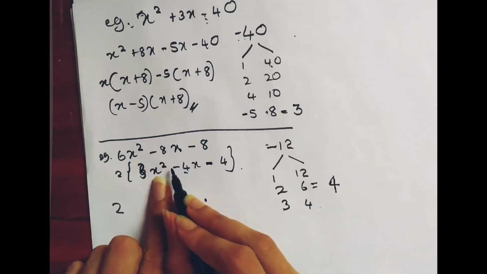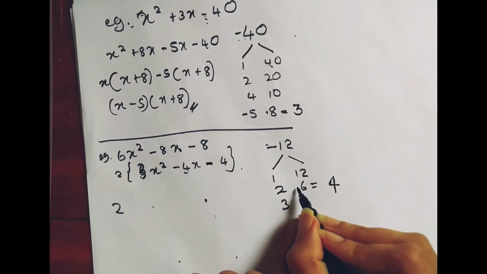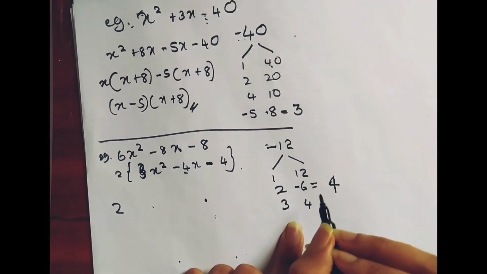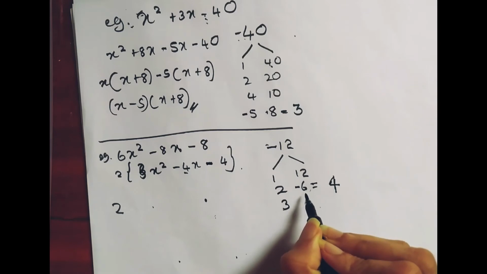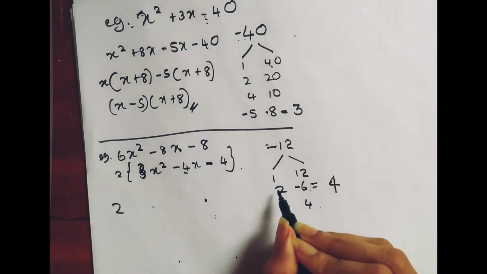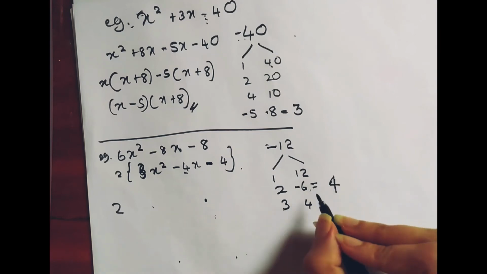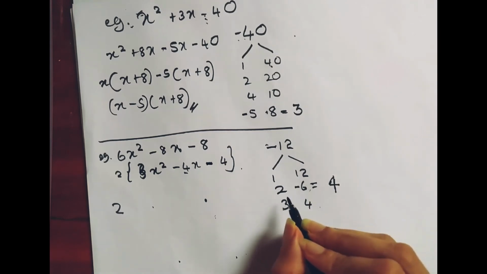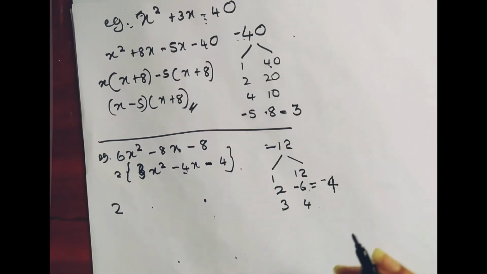Then if it is minus, the larger one should be the negative. Right? Because when the highest number is negative and you add it to a positive number, you must get a negative answer. So minus 6 plus 2 will give you minus 4.